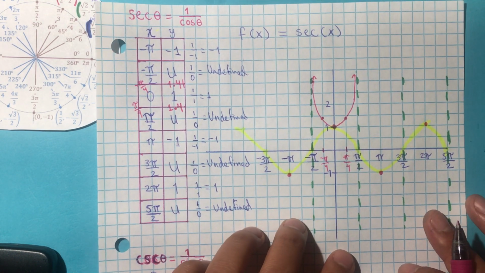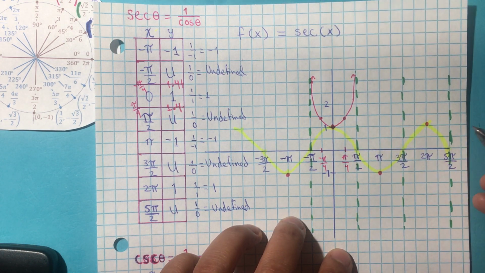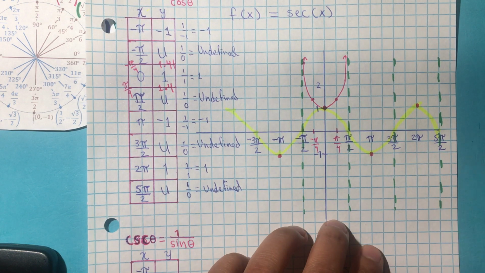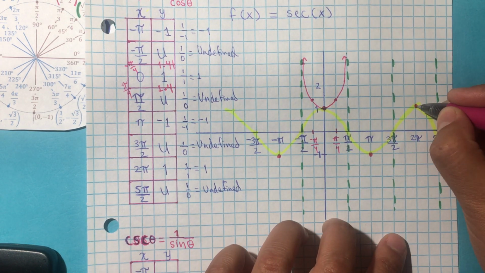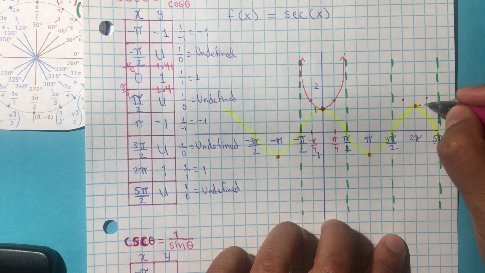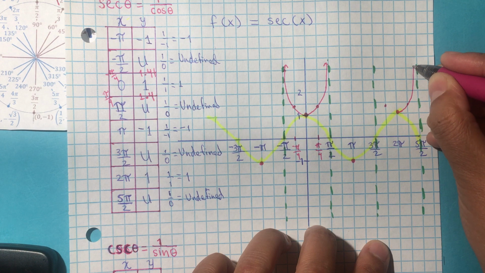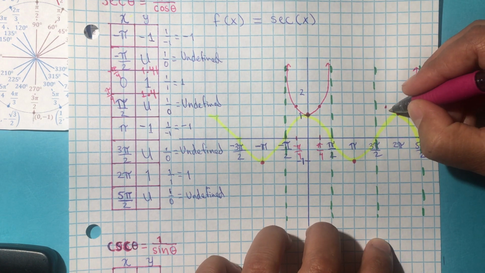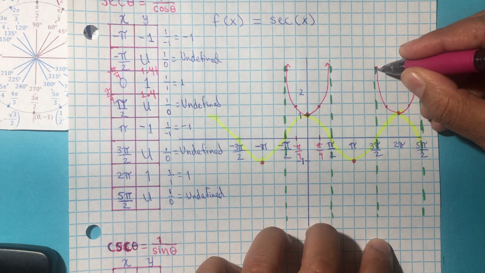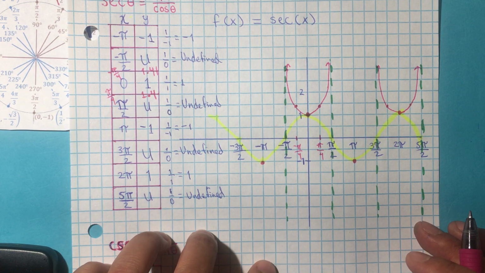And that's going to be the same for the other ones, because we already graphed the other ones. We just go around here to guide ourselves, and we go up, and basically that will be the graph that you're going to have.